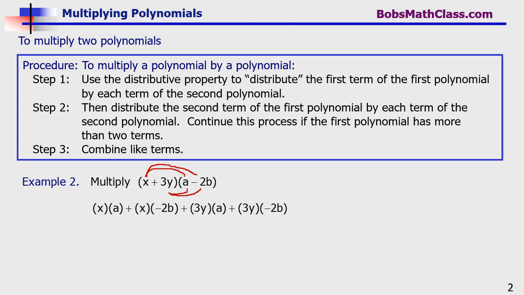So x times a is xa, but we like to put the variables in alphabetical order, so ax. The next one's going to be a negative because it's a positive times a negative. The third one's going to be a positive, and the last one's going to be a negative. So ax minus 2bx plus 3ay minus 6by.